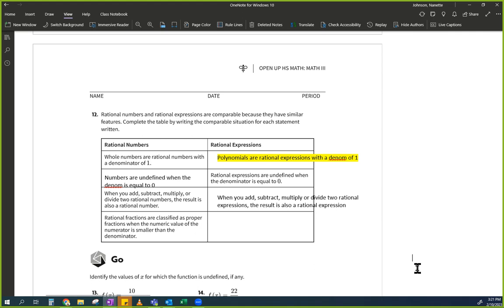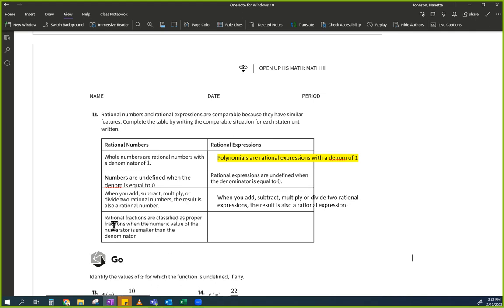It's called closure, where a rational plus a rational is a rational. I'm going to say that again. A rational number or expression plus a rational number or expression is equal to a rational number or expression, right? For example, I always use this example because I think it's funny, but a bunny and a bunny make more bunnies, right? So that's called closure. So there you go.